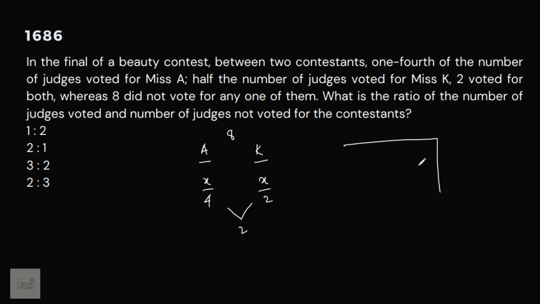So we can use a Venn diagram for this. 2 voted for both, 8 voted for none, and this is 1/4, which is 25%, and this is 50%.